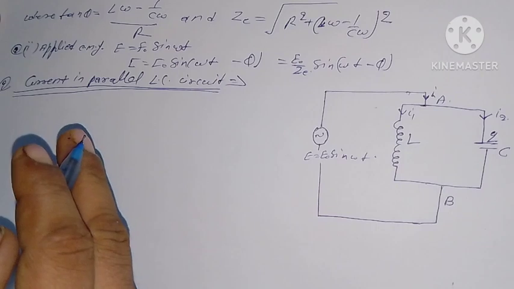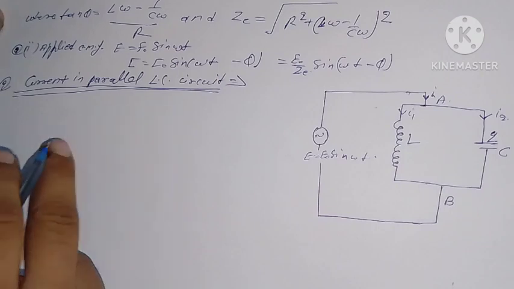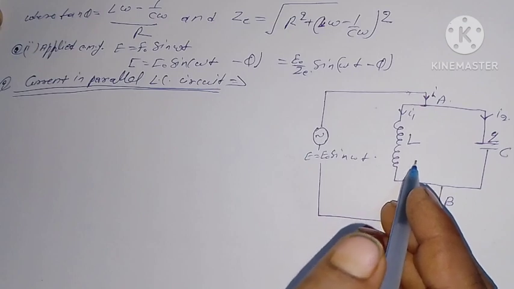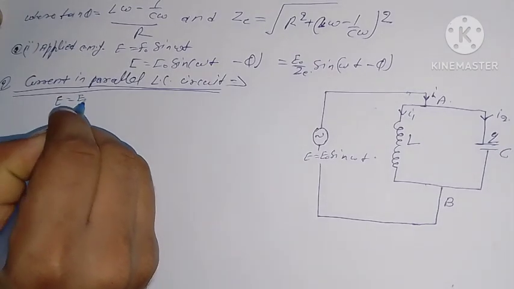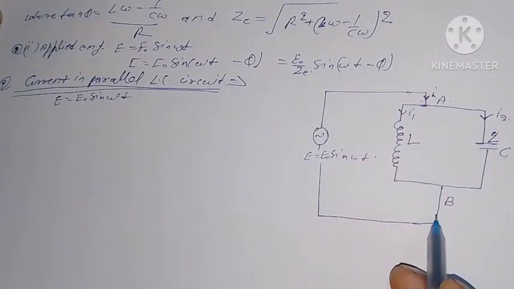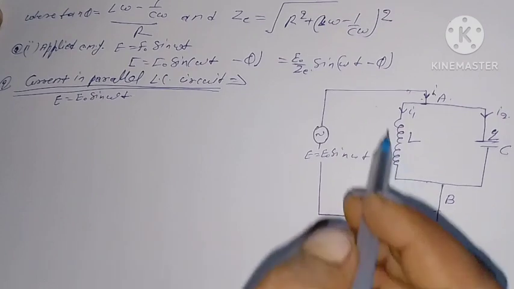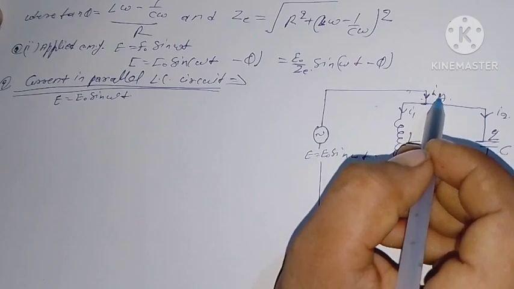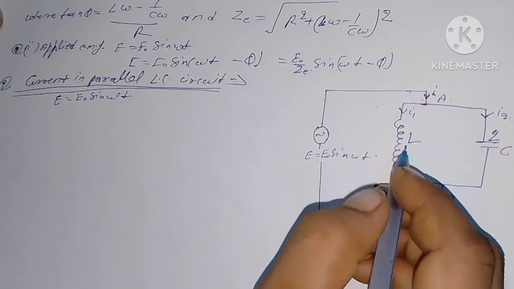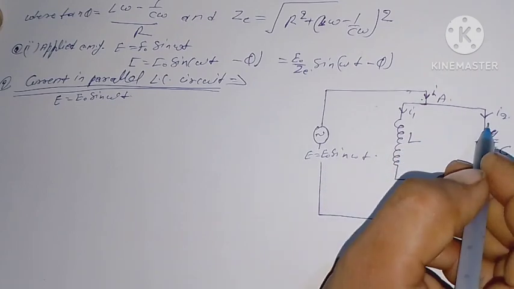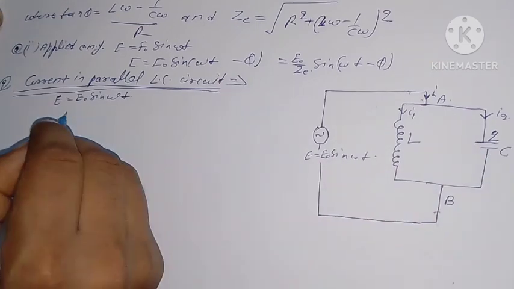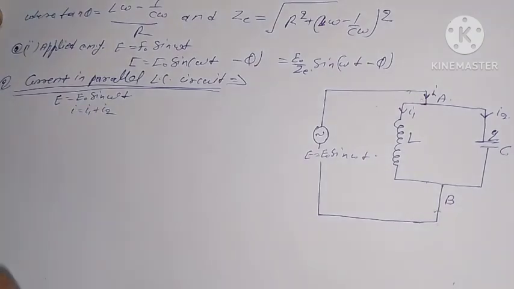In a parallel LC circuit, an inductance L having a very low ohmic resistance and a capacitor of capacitance C are connected in parallel, and an AC source of voltage E equal to E naught sin omega t is connected at points A and B. Suppose a current I flows through the circuit, and at any instant let I1 be the current through the inductance L and I2 through the capacitance C. Then I equal to I1 plus I2.